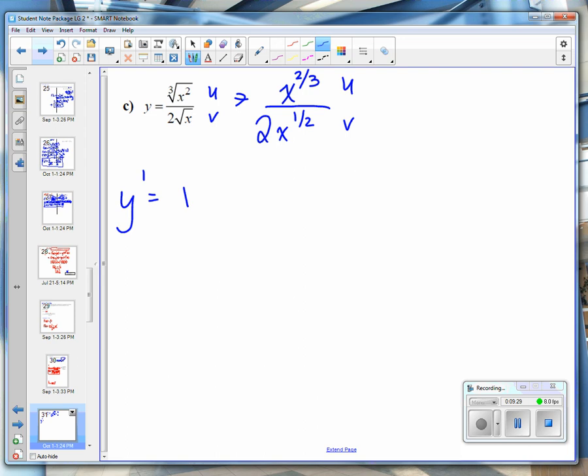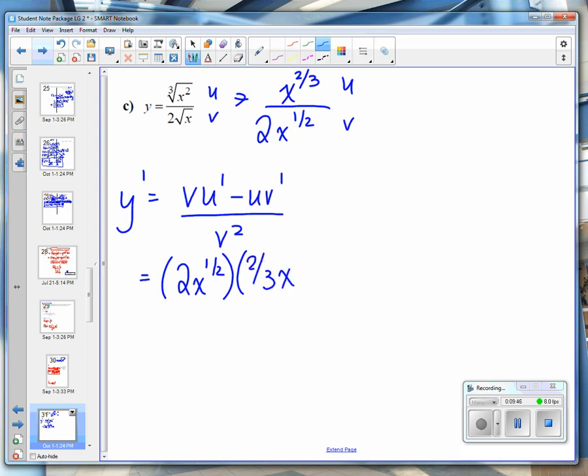So we've got, remember, our VU prime minus UV prime all over V squared. So our V is going to be 2x to the power of a half times the derivative of my numerator. So that's going to be 2 over 3 x, and then I need to minus 1, so that's going to be to the power of negative a third, minus my numerator times the derivative of my denominator.